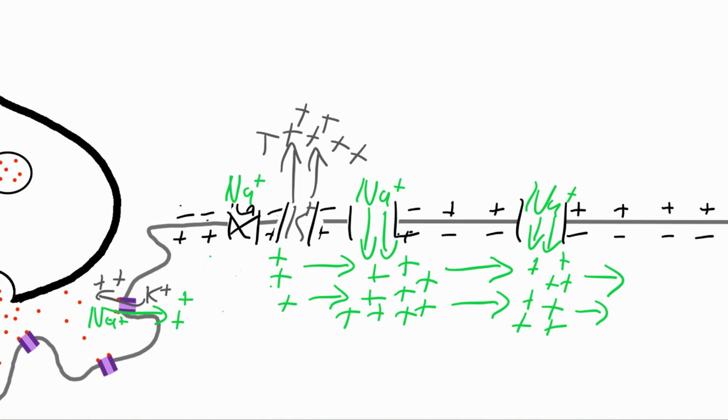That means that the membrane potential is now changing again. Instead, the outside is going positive again, and the inside is going back to negative. We're repolarizing the cell.